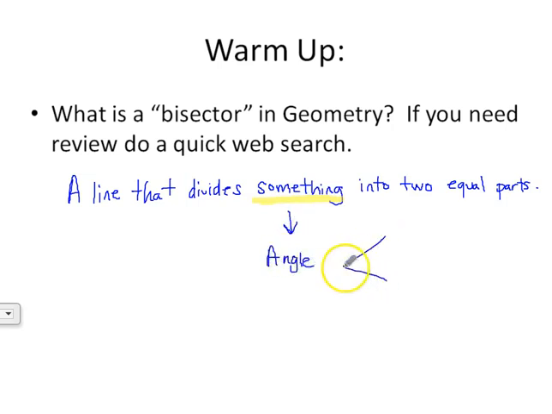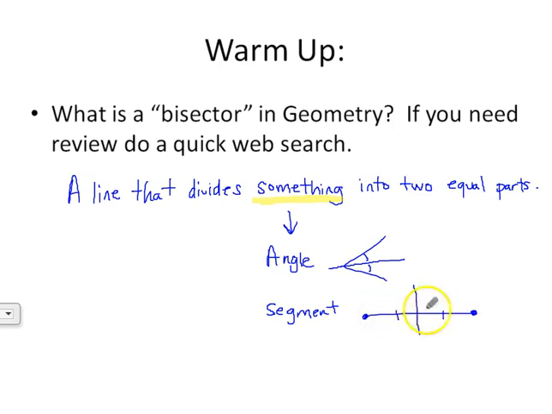We can have an angle, and then a bisector would divide that angle into two equal parts. We can have a line that divides a segment into two equal parts. So if we have a segment and we have a bisector, it's going to divide something into two equal parts.